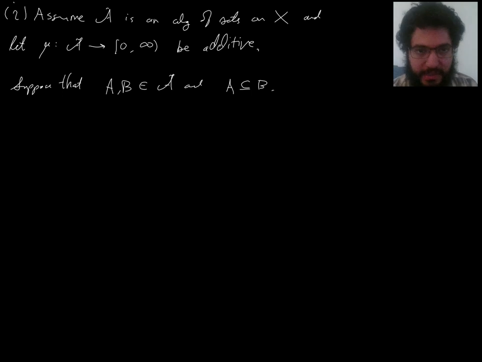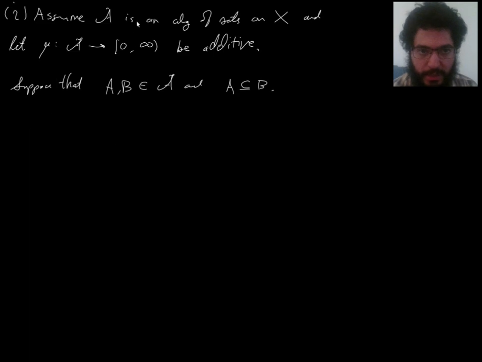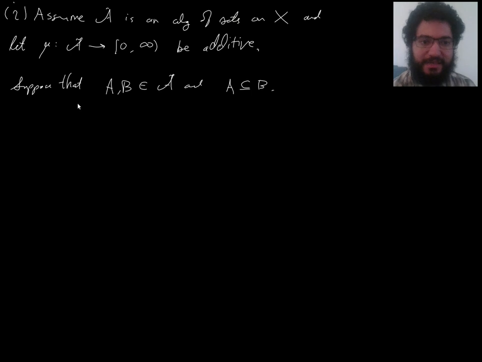Okay, let's do this really easy one first. So this is part one, the one about inclusion becoming inequality. Here are our global assumptions: algebra of sets, and non-negative additive function. Remember, it's supposed to be non-negative. That's up here, and we actually will need that here.